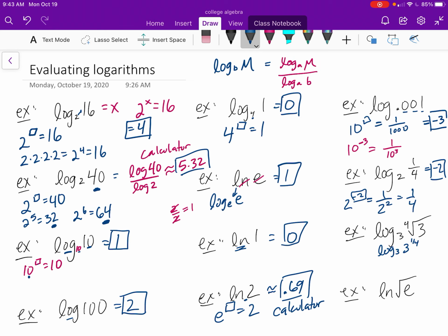So this says 3 to some power equals 3 to the 1/4. Well, the only way those could be equal is if the exponents are equal. This box has to be 1/4 in order for those to match. So therefore, this result is 1/4.